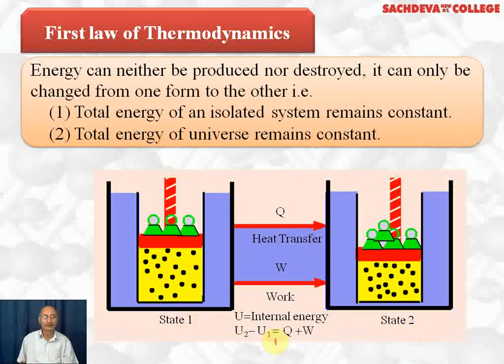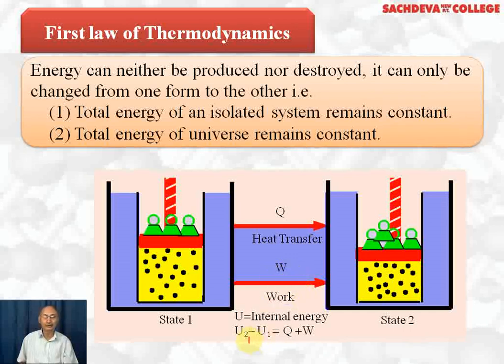We are exchanging heat, transfer is done by Q, meaning it will be given to the system or it will be taken out from the system. So we call it heat transfer instead of heat absorbed or evolved. Similarly, work done may be on the system or by the system.